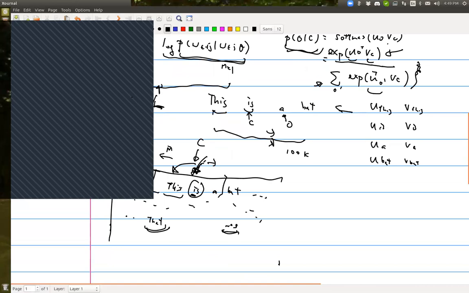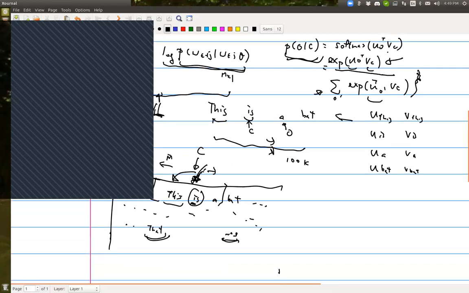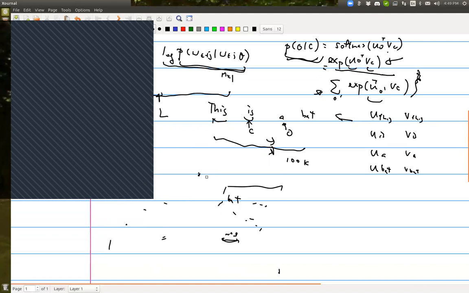Let's look at the gradient of this loss L. If I take the partial derivative with respect to... let's erase this one here.